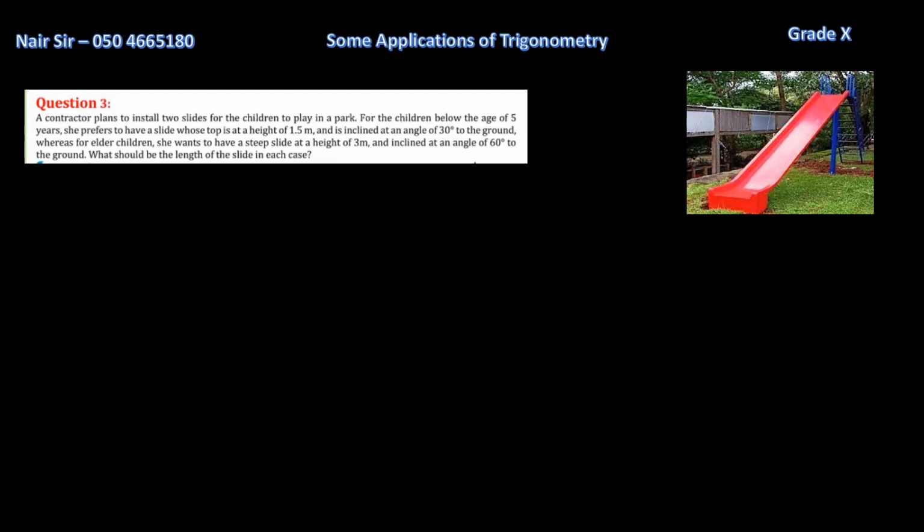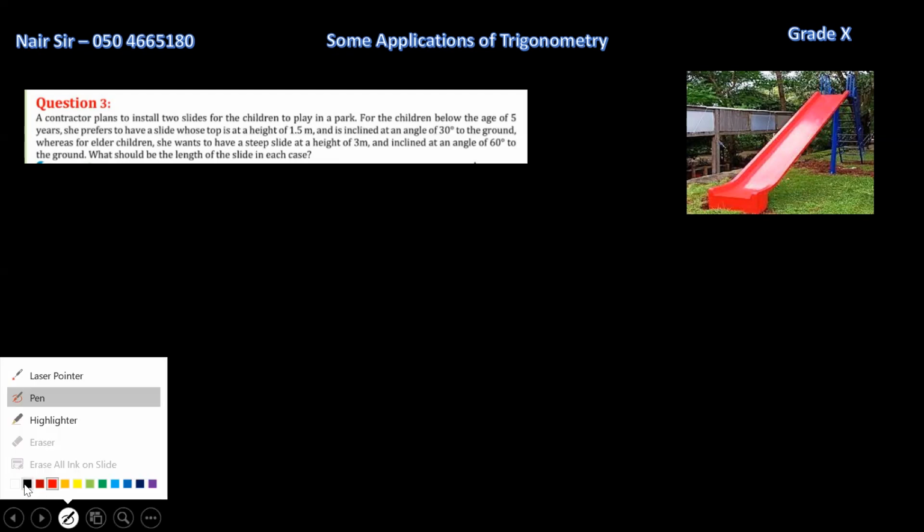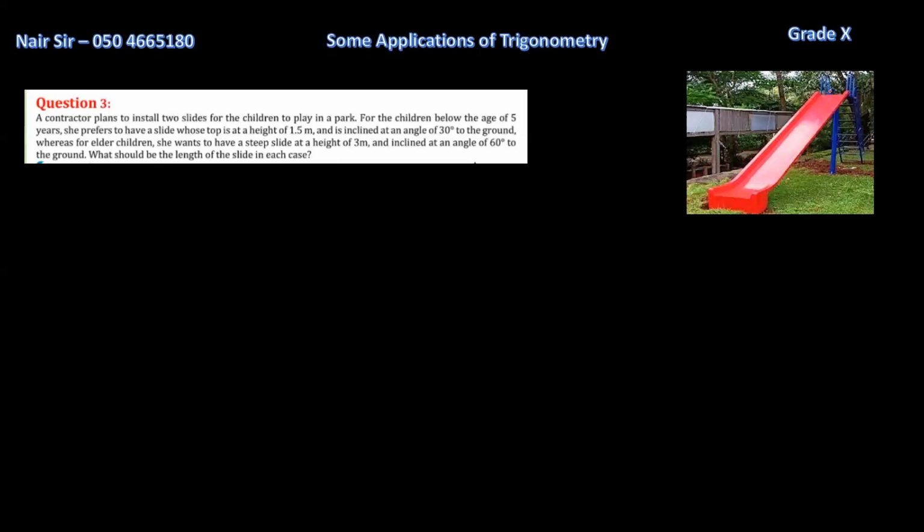For children below the age of 5 years, she prefers to have a slide whose top is at a height of 1.5 meters. That means for the age group of 5, this particular top is going to be 1.5 meters.